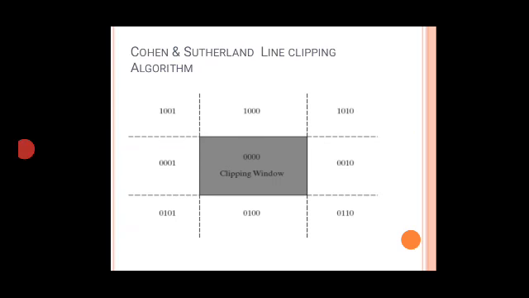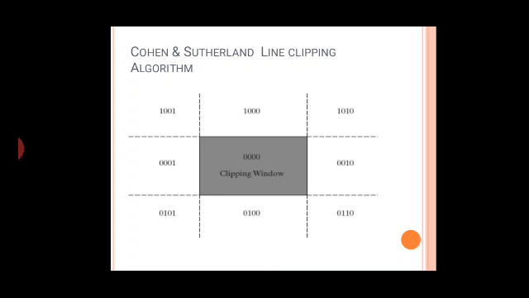Now take the diagonal or corner regions. The first corner is the top left corner, in which we have set 2 bits to 1, the left bit as well as the top bit. Similarly, for the top right corner we have set the right bit and top bit.